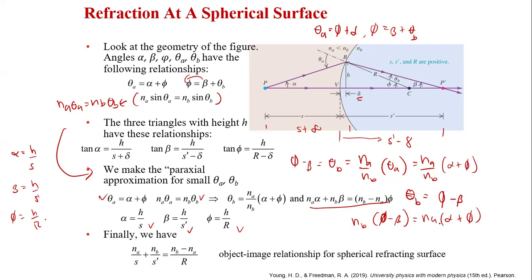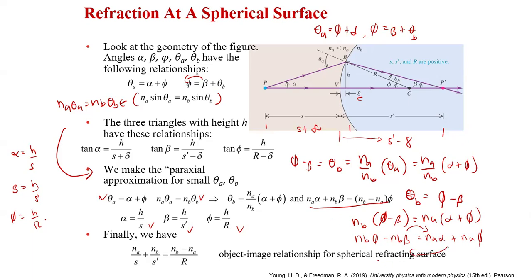put this one in the other side and then so we have NB phi minus NB beta is equal to NA alpha plus NA phi. Okay. So we can transpose this one and transpose the other one.